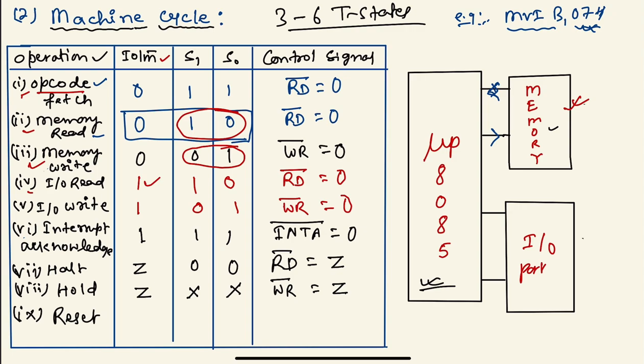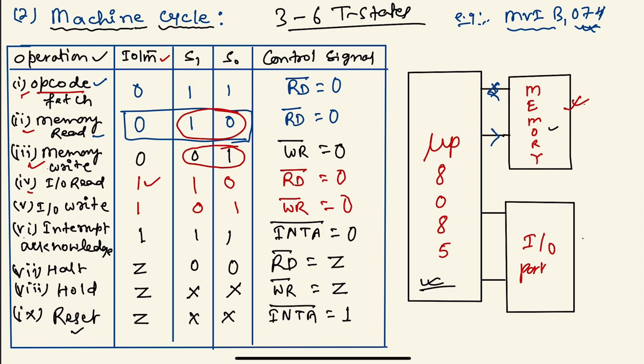So it is used whenever we are changing a program. By that time IO/M bar should be in the high impedance state, S1 and S0 will be don't care, and the control status will have INTA bar equal to 1.